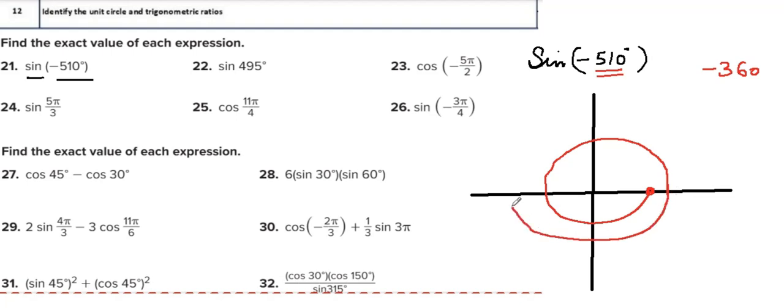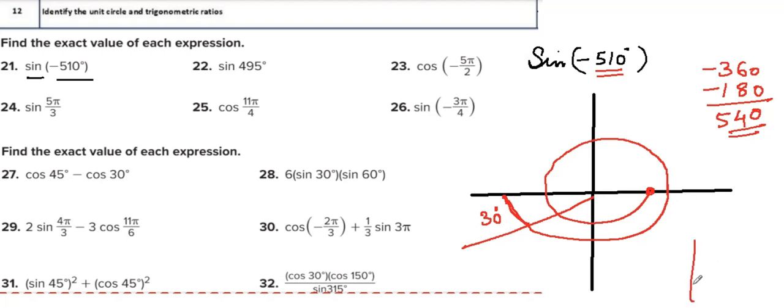Then this is minus 180, so it becomes 540. Up to this it is 540, but I need 510, so I have to come back 30 degrees from 540. So the reference angle is 30 degrees.